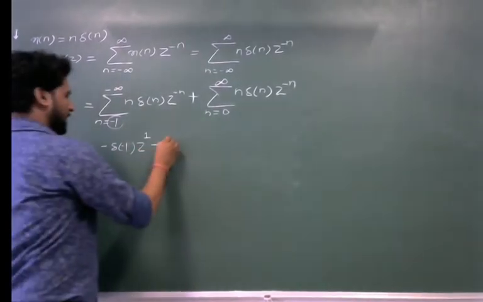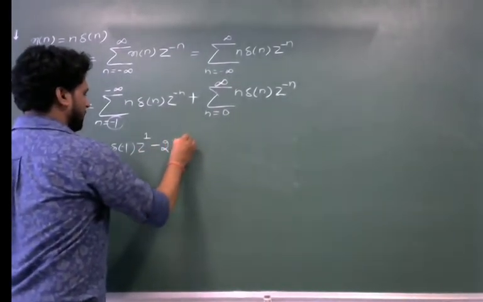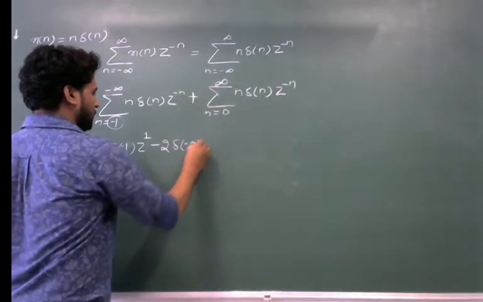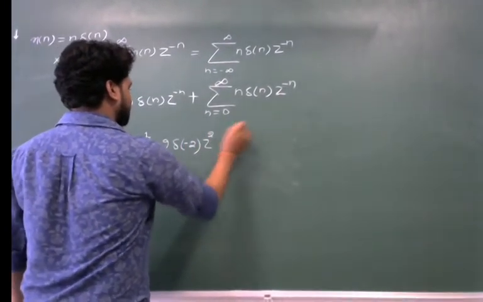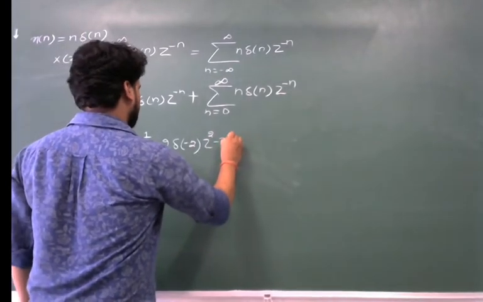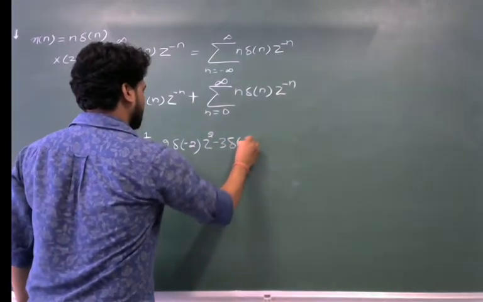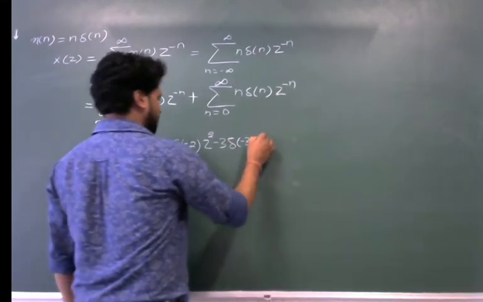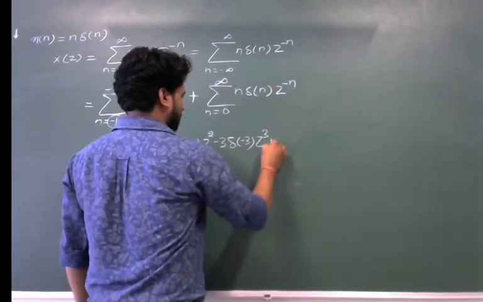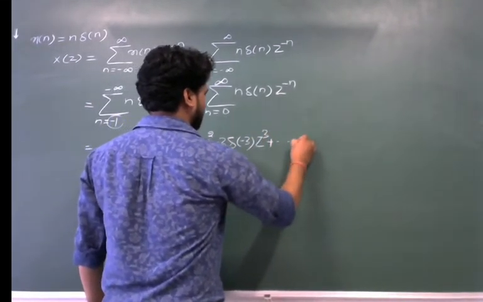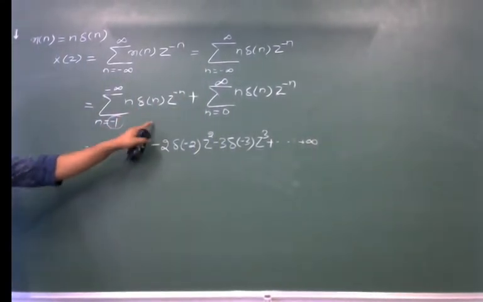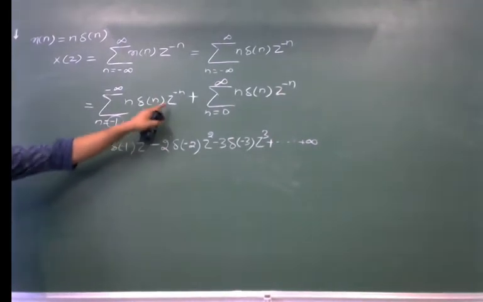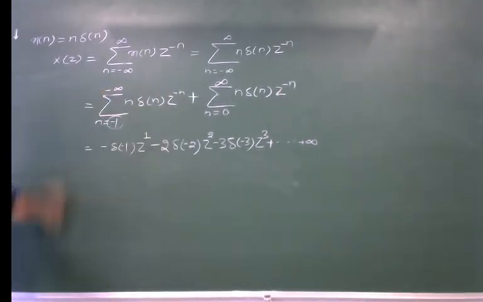When I put n equal to minus 2, this will become minus 2 delta of minus 2 z square, plus again minus 3 delta of minus 3 z cube, plus, it will go to infinity. This is for this first summation, when the limit is from minus 1 to minus infinity.